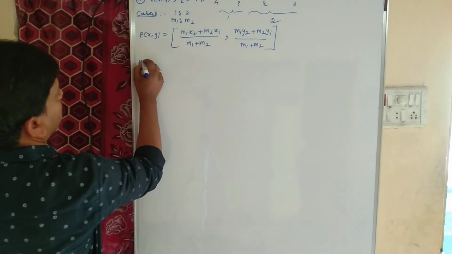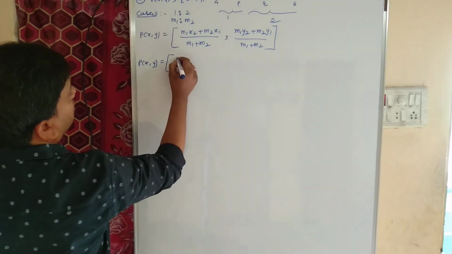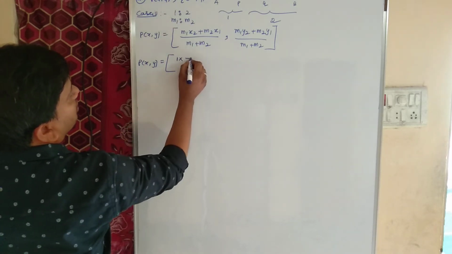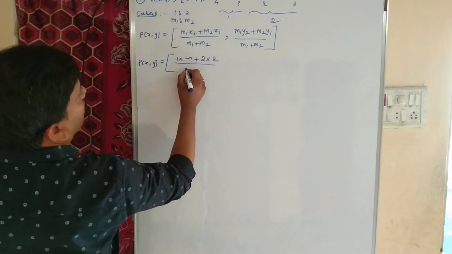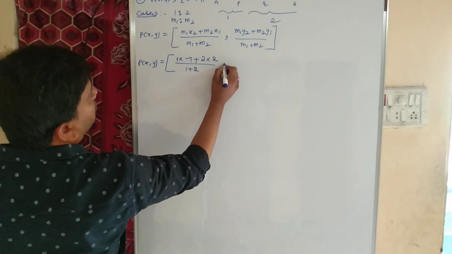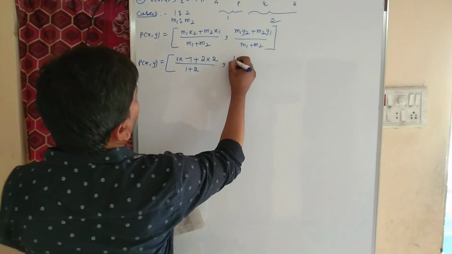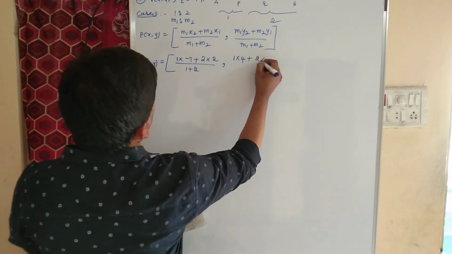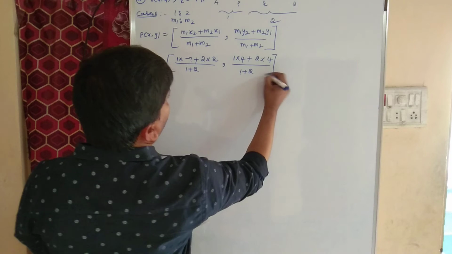So P of x comma y equal to, as our m1 is 1 and x2 is minus 7, m2 is 2 and x1 is 2 by m1 plus m2, 1 plus 2, comma m1 y2, as m1 is 1, y2 is 4, m2 is 2, y1 is 4 by m1 plus m2, I mean 1 plus 2.